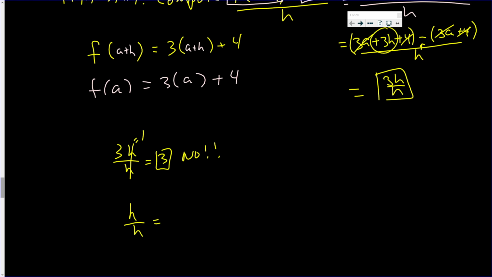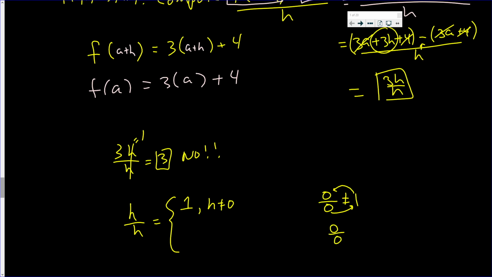h over h is a piecewise function. Most times you get 1, and that's when h is not 0. When h is 0, you get 0 over 0, which is not 1. I mean, after all, 0 times 1 is not 0. In fact, any number works.